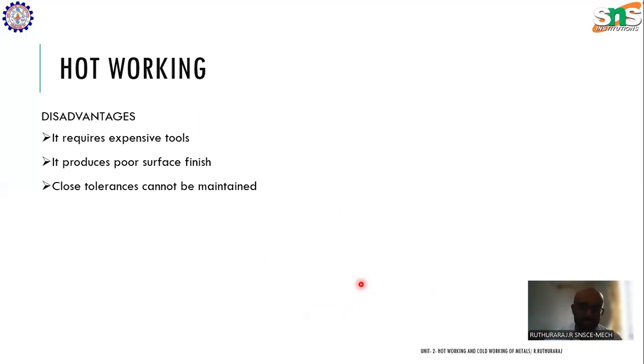For example, if you are using a steel die in hot working of steel, the die also tends to become softer at the recrystallization temperature. That is very disadvantageous. So you have to use a material which has a higher working temperature than steel. That tends to increase the cost of the tool.